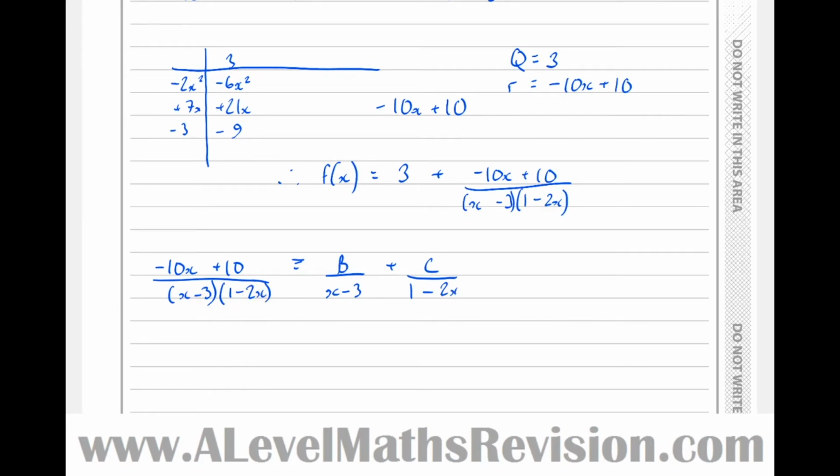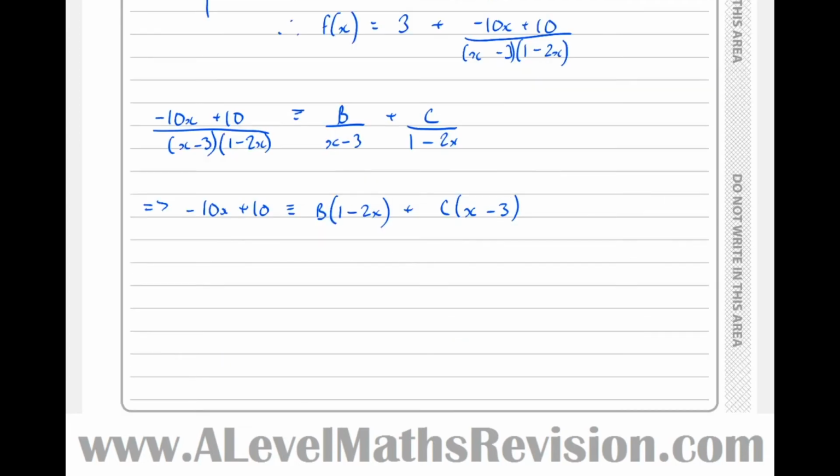Multiplying by this denominator here, this implies that minus 10x plus 10 is identical to b 1 minus 2x because the x minus 3's cancel, plus c x take 3. So now subbing in some tactical values of x, so let x equal 1/2.